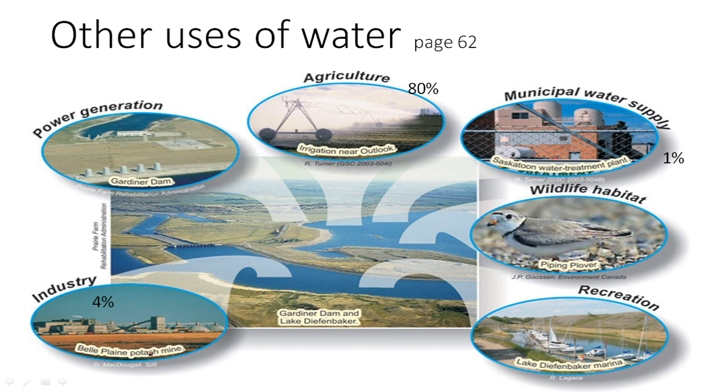Industry, we have seen that. Also, we have recreation, sport, entertainment. We want water with quality to sail, but also fishing. What else? Swimming. All water sports are very important for us.